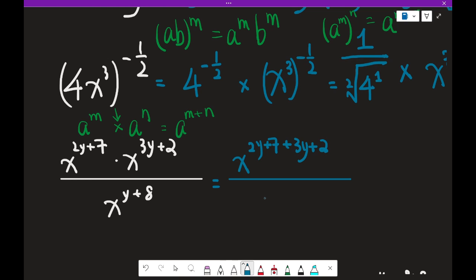And the denominator, we cannot do much about it right now, so we can just leave it here.